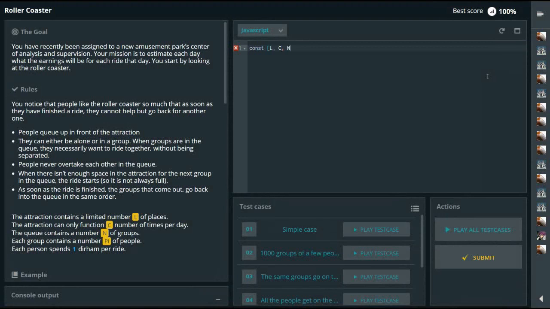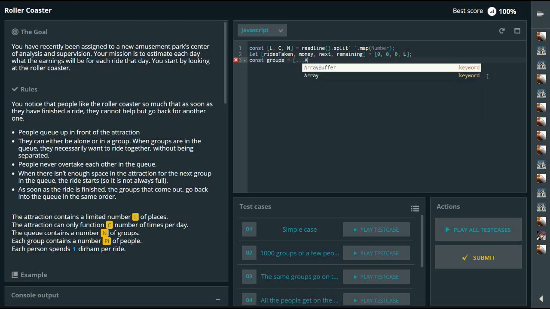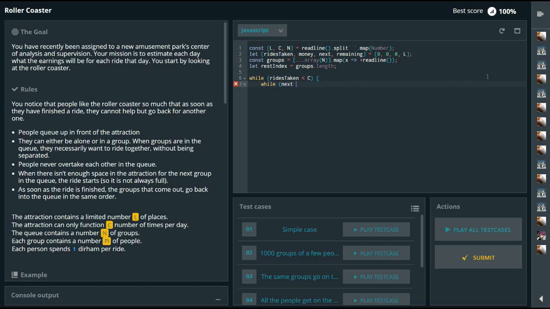Read initial values. For each group of people, find the most proficient queue.